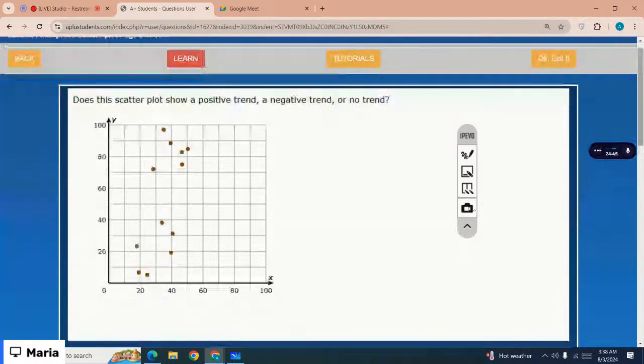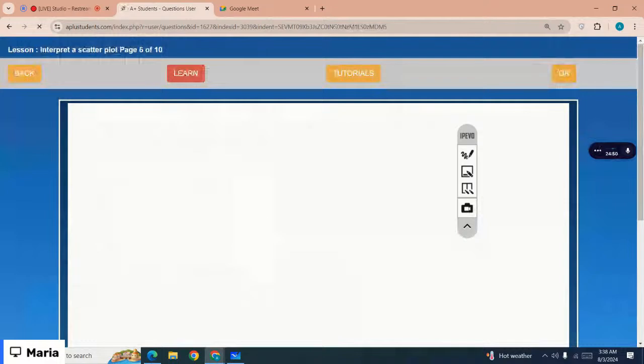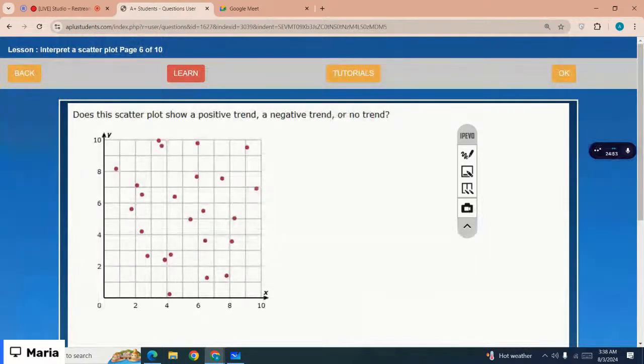Positive, I think. Yes, positive trend it is, but the points are stuck. So that's why I think no trend. Does the scatter plot show a positive trend?